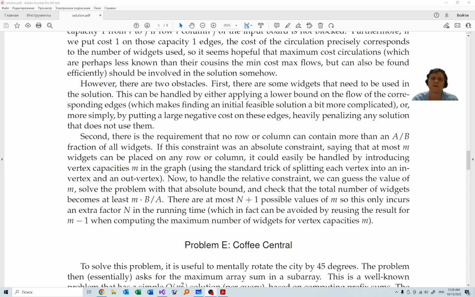Oh no. It seems that we need to find maximum cost circulation, and I don't know how to do it. Maximum cost circulation.